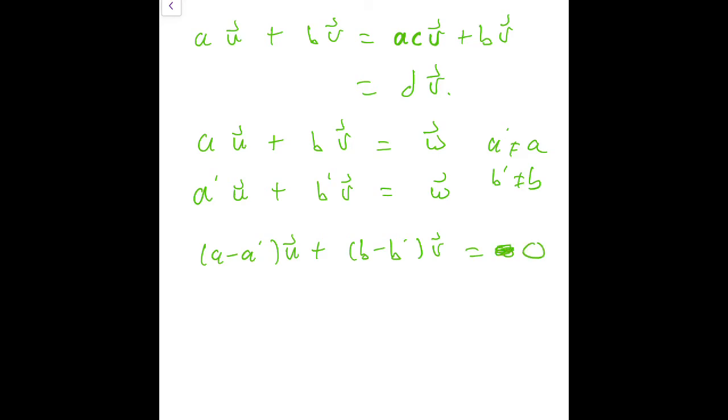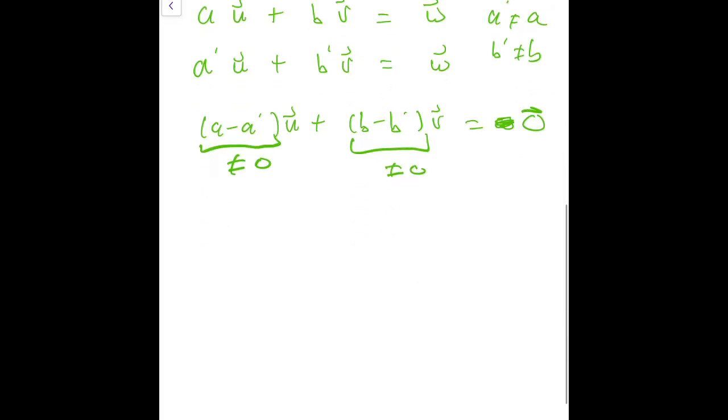It's equal to W minus W, which is just the 0 vector. Okay, so well, what does that tell us? A prime is not equal to A and B prime is not equal to B. So this coefficient is not equal to 0, and this coefficient is not equal to 0. Okay, so in other words, this just tells us, again, that U is just equal to some multiple of V. So what do we know?